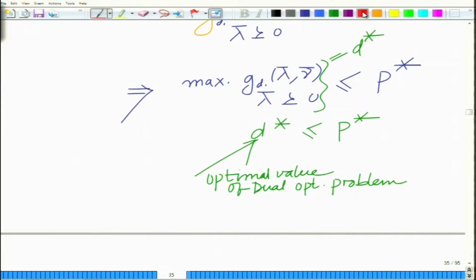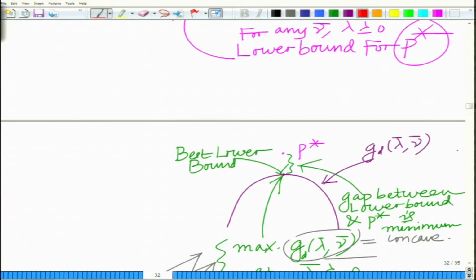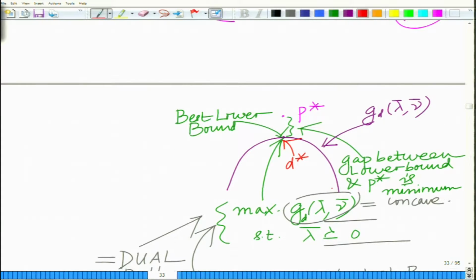d* is the optimal value of the dual optimization problem, p* equals the optimal value of the primal problem. This is the optimal value of the primal problem, and this is basically your d*, which is the maximum value of the Lagrange dual function.